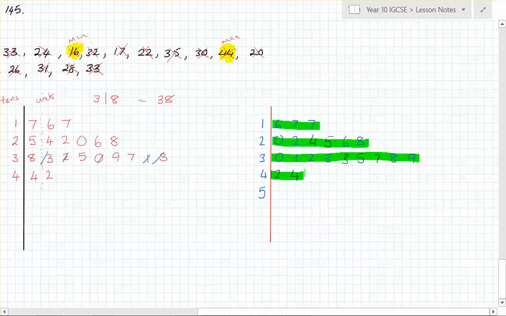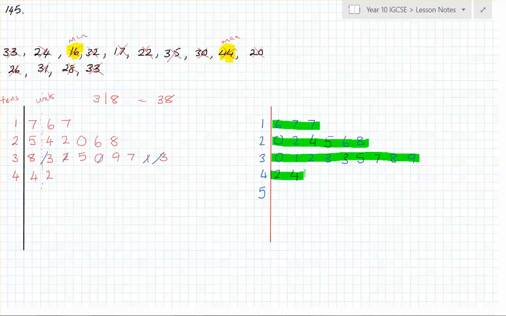A sideways bar, yes, a horizontal bar chart. Now, the only reason it looks like a bar chart, if you tilt your head to the side, is because we've kept the numbers in order. We've laid them out, so we can use that piece of information. So it's quite useful in that way.